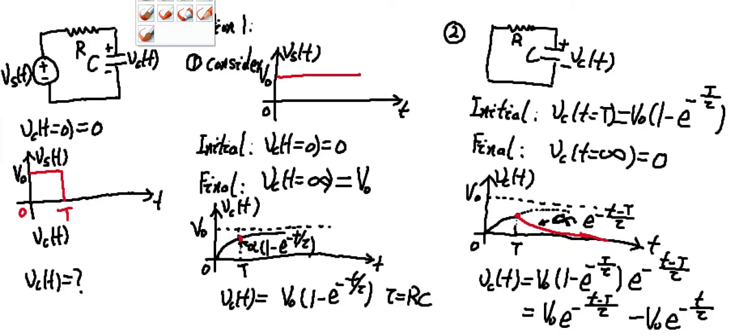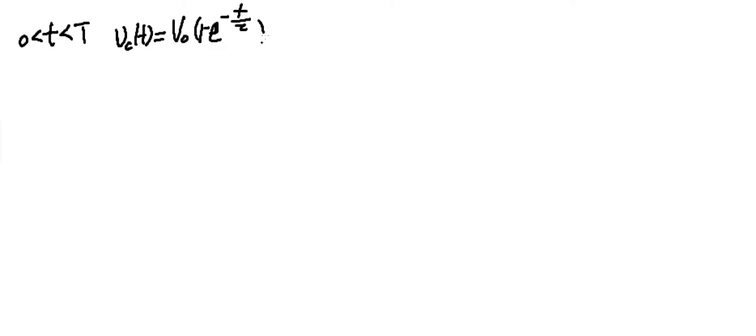Summarize what we got from step 1 and step 2. We can get the final solution as: when t is bigger than 0 and smaller than capital T, we have VC(t) equals V0 (1 minus e^(-t/tau)).